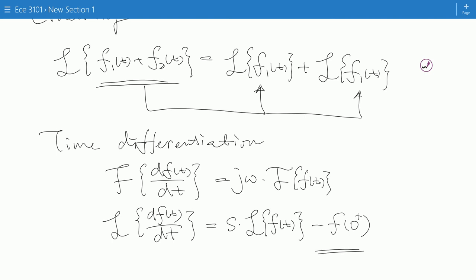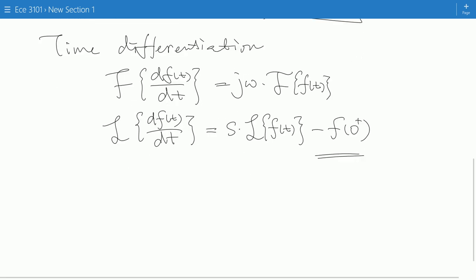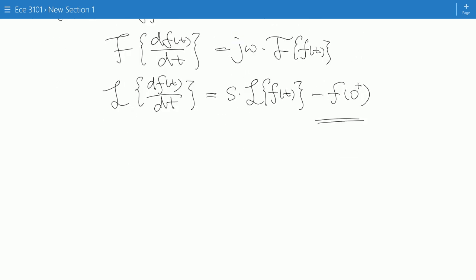Okay, so this is the time differentiation. It's typically quite important. Now, we can also look at the transform of some special functions. For instance, the delta function.